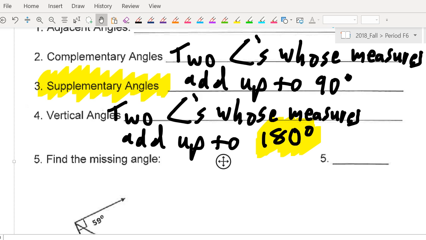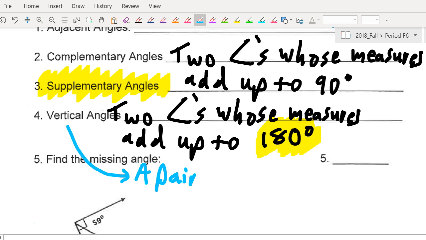What does it mean? Vertical angles: a pair of non-adjacent angles formed when two lines intersect. Okay, so let's write that down. Non-adjacent means they're not next to each other.